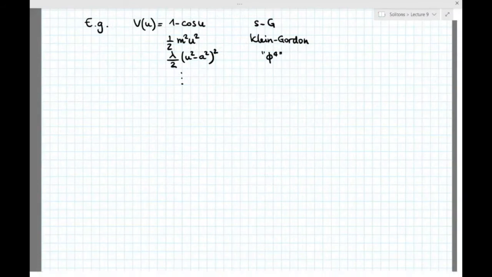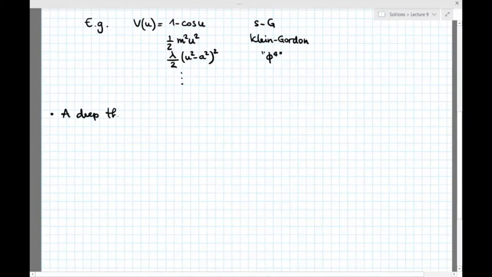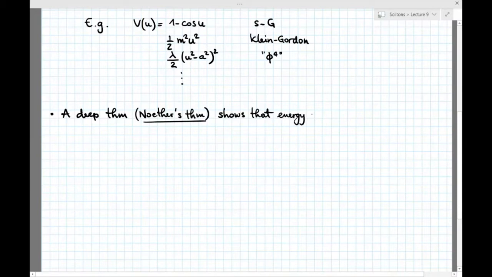I should mention here that there is a very deep theorem due to Emmy Noether, known as Noether's theorem, which shows that energy conservation, the statement that the total energy does not depend on time, follows from an invariance of the theory, or a symmetry of the theory.